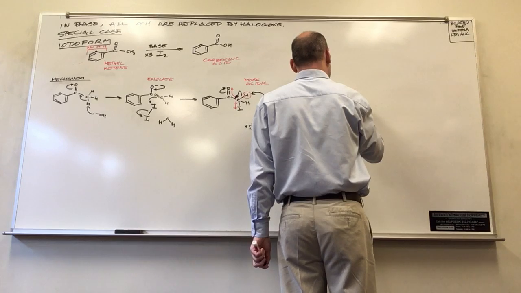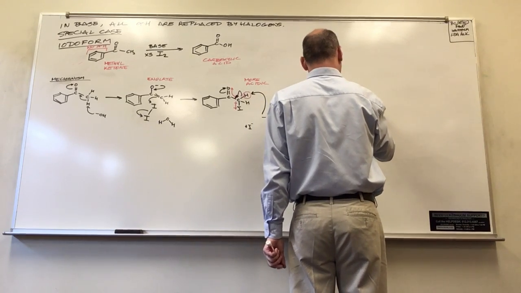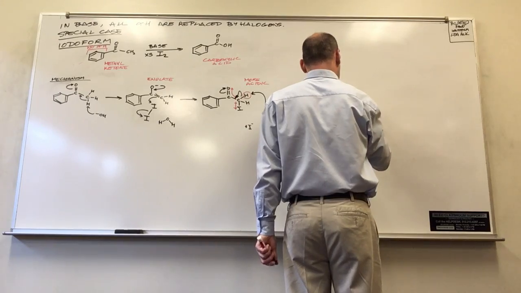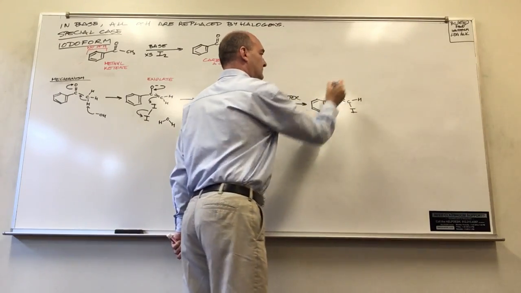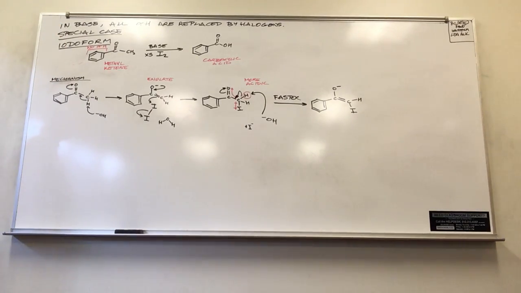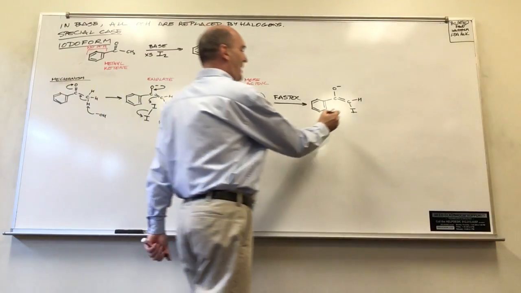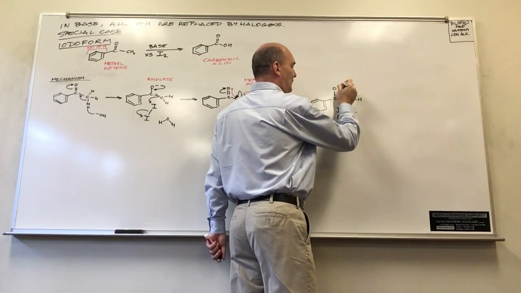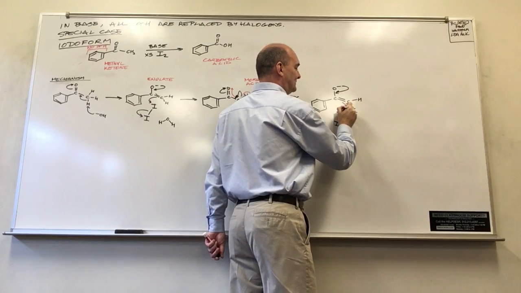Make an enolate. There's your new enolate. Bring in some more iodine. Go through the whole rigmarole again.